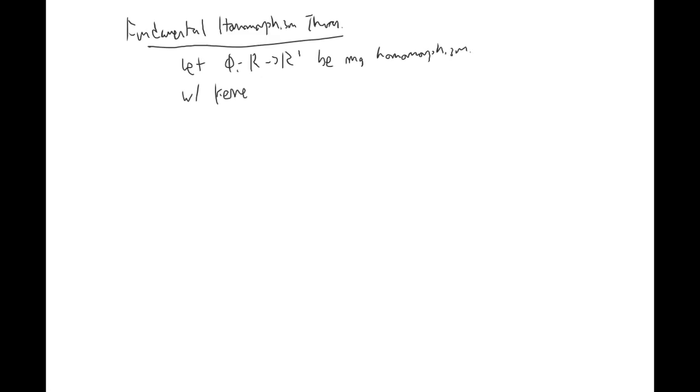The book really words it in an awkward way, but let phi from R to R prime be a ring homomorphism with kernel N. Then phi of R is a ring, and the map mu from R quotient N to phi of R, so you would have to check this is well defined, is well defined because N is the kernel.